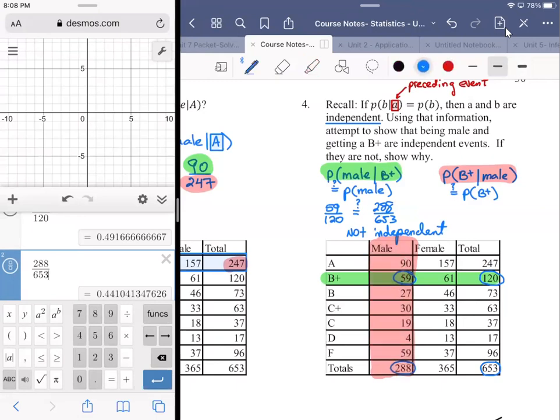So we're still working off the same table here. It's 59 out of the total number of males, which is 288. And I need to know if that's the same as just being a male, getting a B plus in general, which would be 120 over 653.